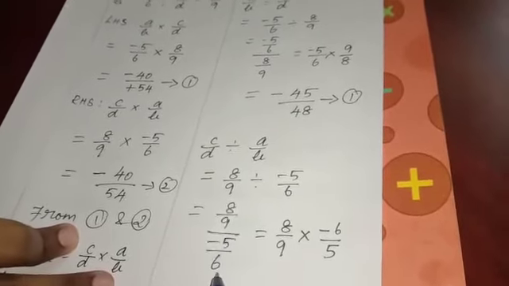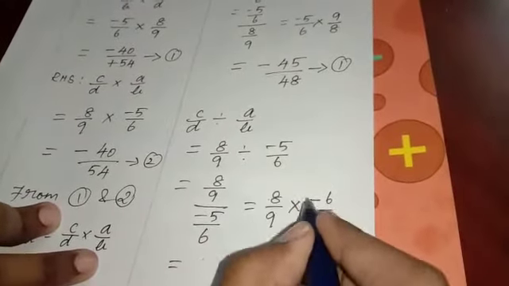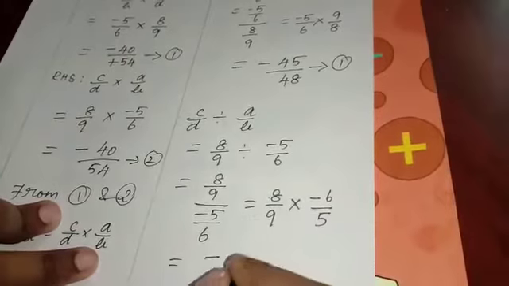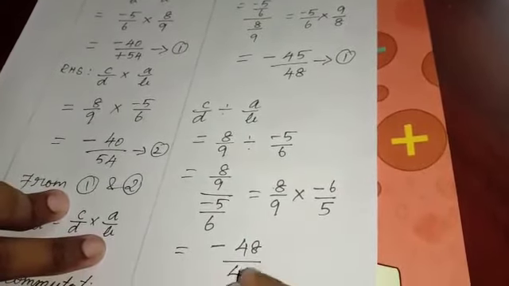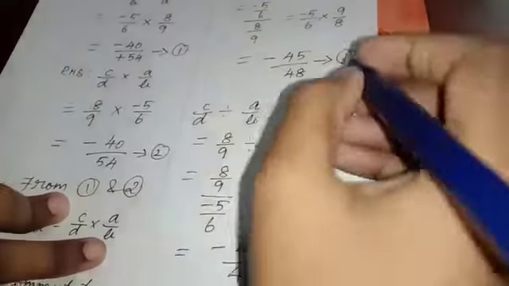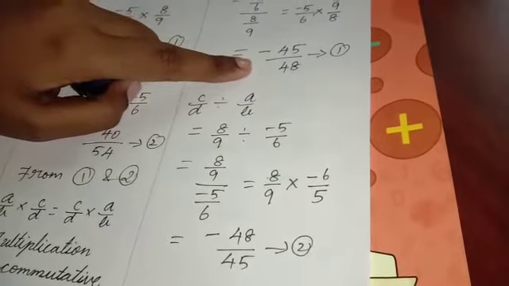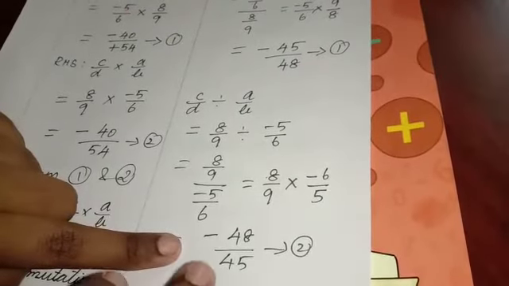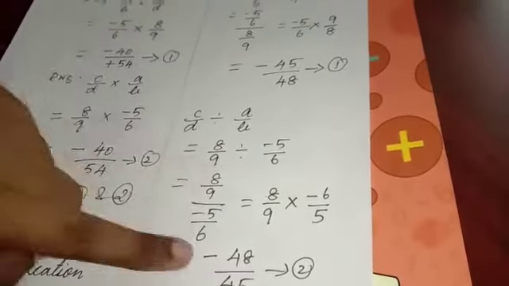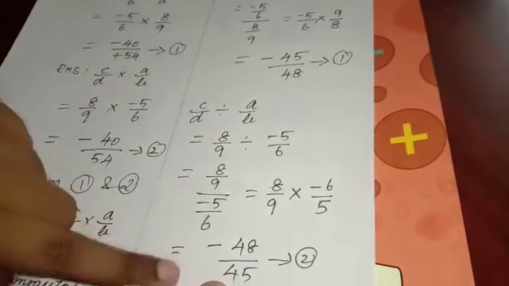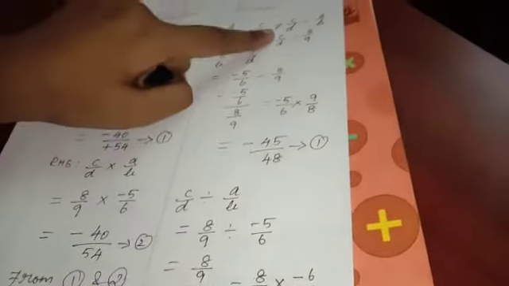Reciprocal of minus 5 by 6 is minus 6 by 5. Now multiply. Plus into minus, minus. 8 6s are 48, and here 9 5s are 45. Now compare 1 and 2. Here we got minus 45 by 48, but here in the numerator 48 is there: minus 48 by 45. Both are not equal. From this we can say commutative property is not true for division. That is what I have proved here.